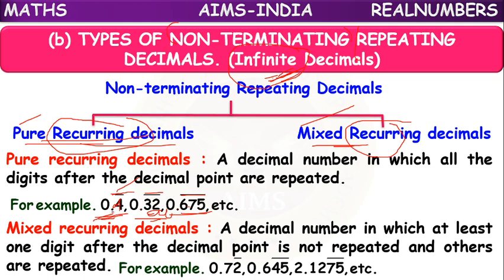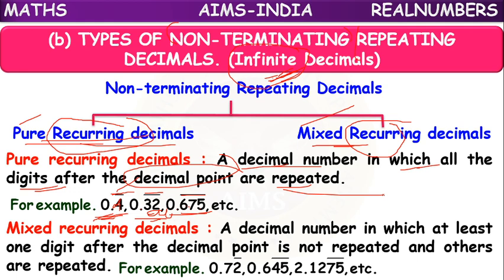Like that, a decimal number in which all the digits after the decimal point are repeated, whether 1 or 2 or 3 digits, if all are repeating or recurring, we call it a pure recurring decimal.